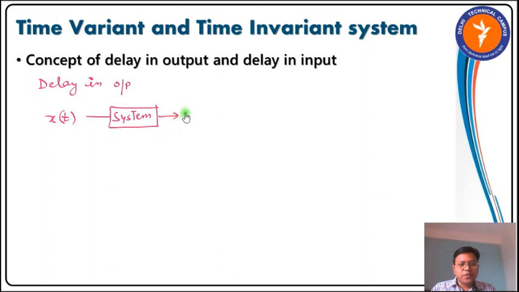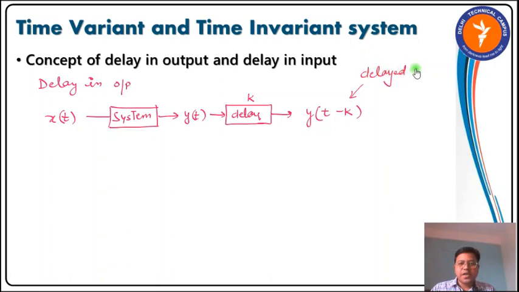Now this system will be producing its output y of t. Now to create delay in this output, I will feed this output into a delay system. Now this delay will produce a delay of factor k. Then in the output I will get y of t minus k. So this is the delayed output.